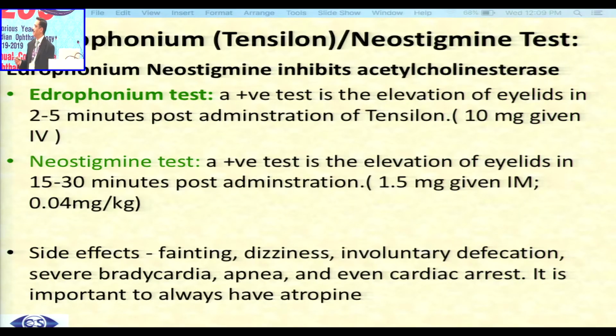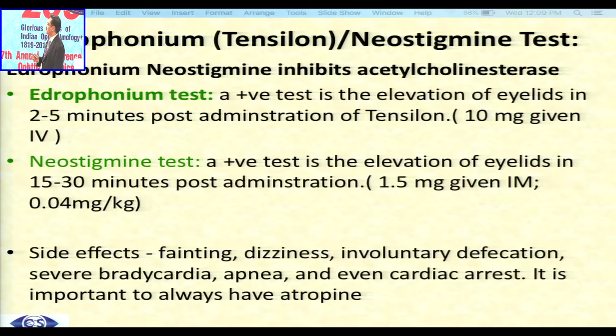Tensilon test. The difference between neostigmine and tensilon, I hope you know about neostigmine and edrophonium. So the difference is while conducting these two tests, this is done intramuscular, this is done intravenous. Do not let your anesthetist do the neostigmine test blindly, because they are in the habit of using neostigmine IV.